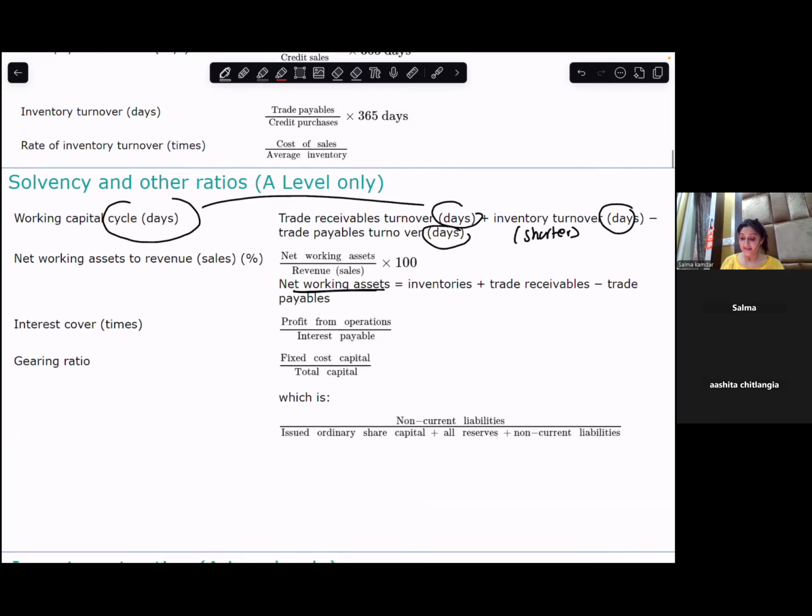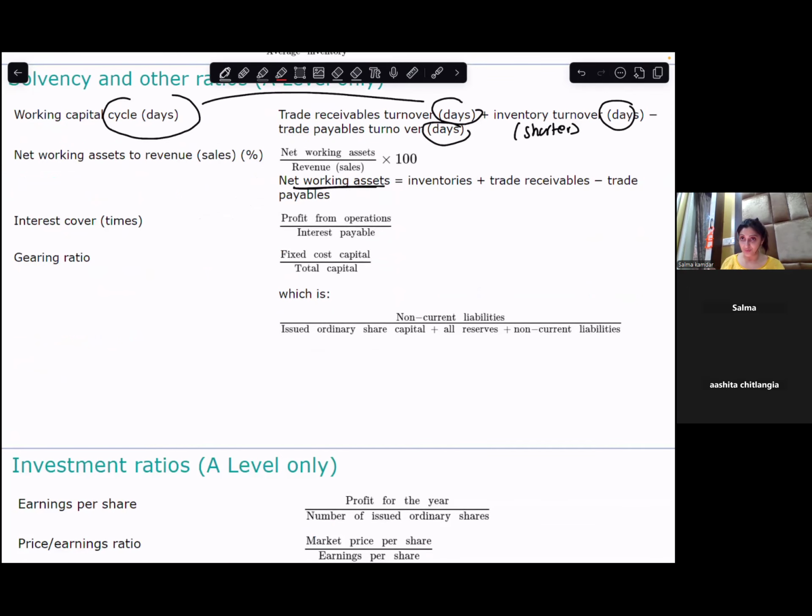Now your interest coverage ratio. What is interest coverage ratio? You have interest expense that is on your fixed cost capital. You might have interest on loan, interest on debentures. So when I am talking about the interest coverage ratio, my profits can pay my interest how many times?